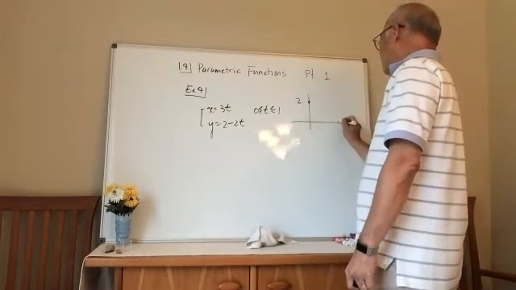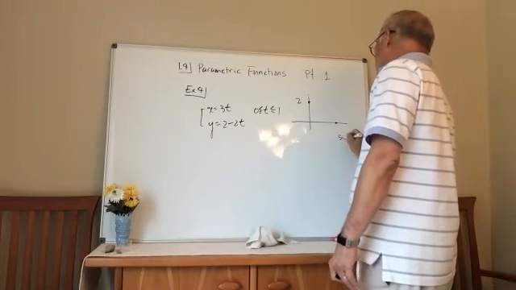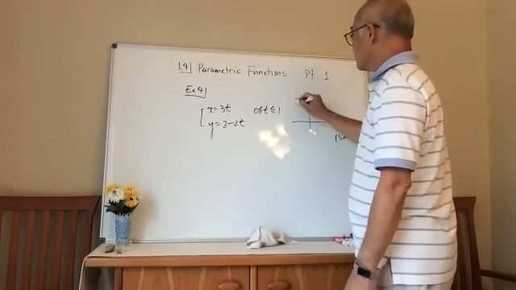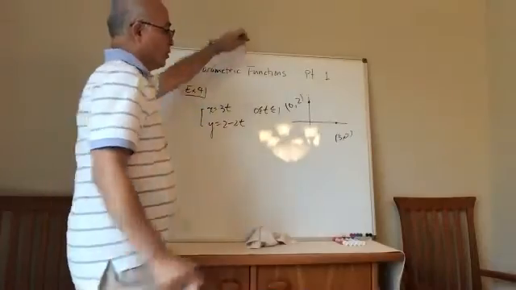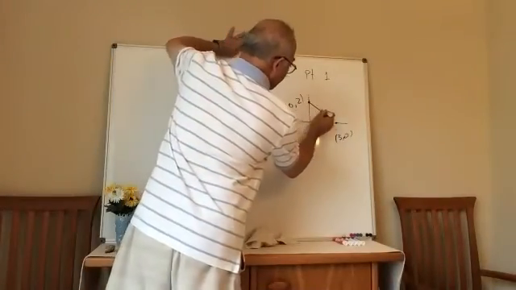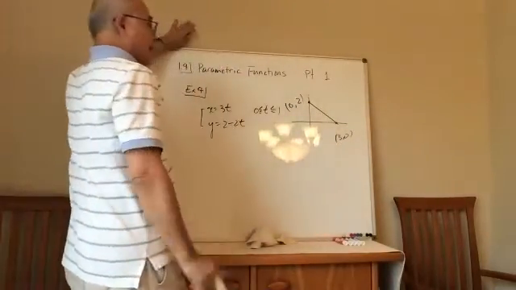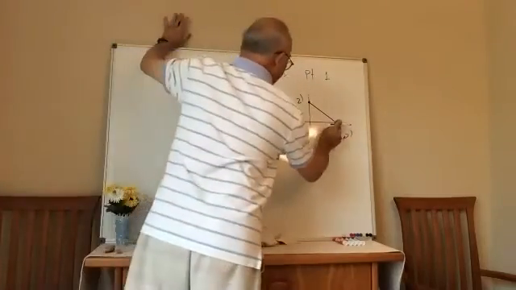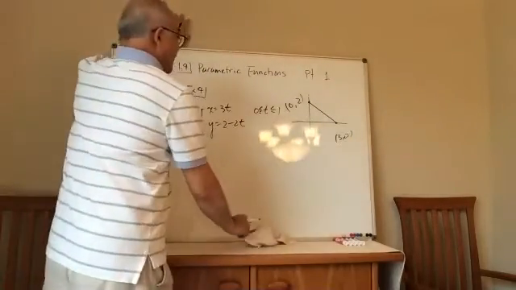So I get 3 and 0. I'm going to start from 0, 2, my starting point, and draw a line straight down like that. It's not the full line, it's just that line segment.